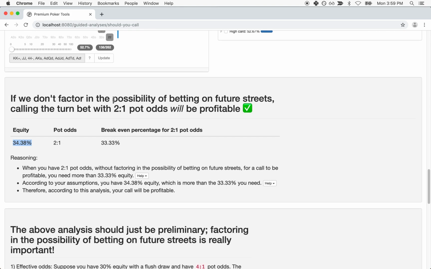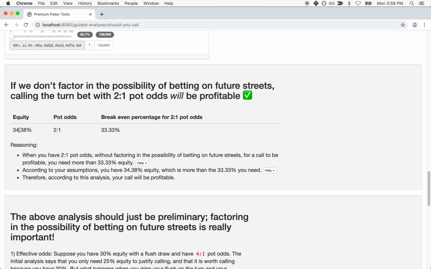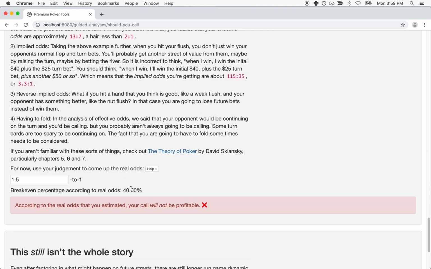If we base it on the pot odds, calling would still be profitable. But if we scroll down and use this 40% break-even number based on the real odds, we don't have enough equity. We have 34% and we need 40%. So now it's telling us that it's no longer profitable to call the turn.